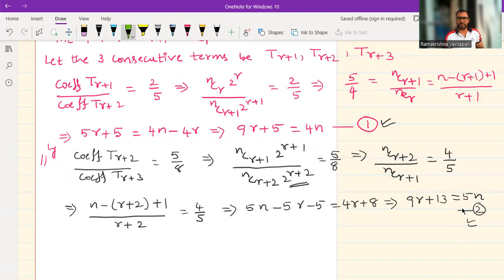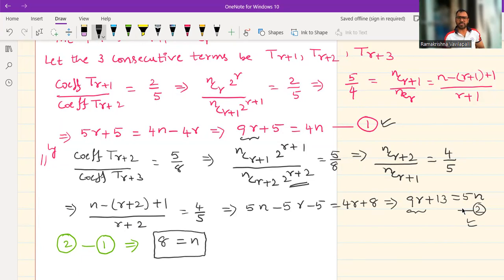Simply subtract one equation from the other, equation 2 minus equation 1. 9r will be cancelled. 13 minus 5 is 8, equal to 5n minus 4n, which is n. So n equals 8.